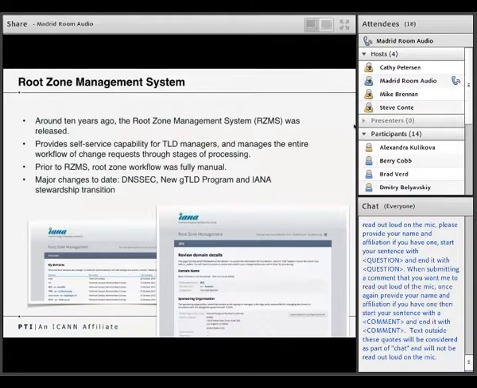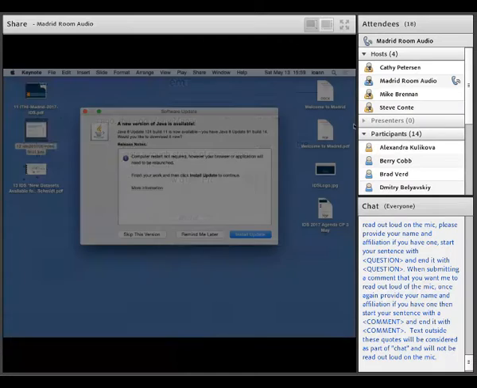So around 10 years ago, if you needed to do a root zone change, it was fully manual. You wrote an email to our staff, they read your email, they sent emails to some other people, they did some more emails, maybe they dropped to a shell and ran dig a few times. We had internal procedures that were quite robust and detailed.